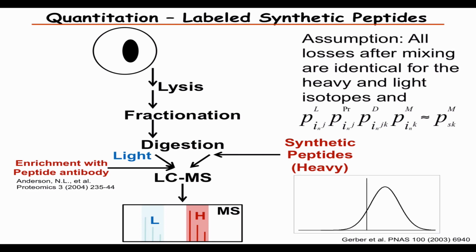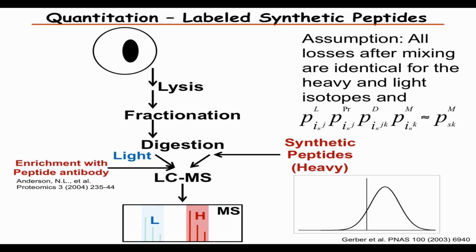But what you can get is quite large systematic errors if your digestion doesn't work very well, or if your mixing doesn't work. So you can get quite large systematic errors in both directions.